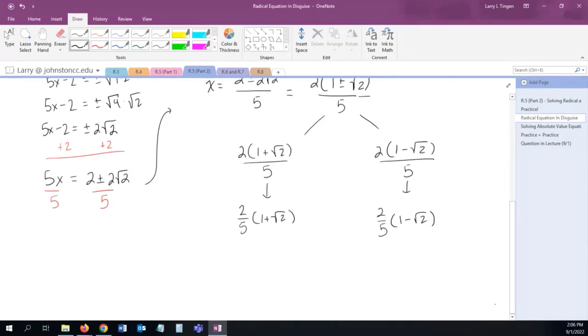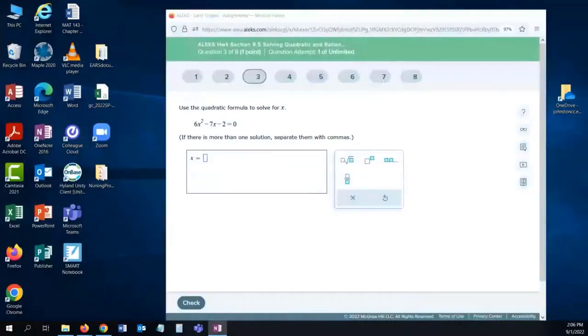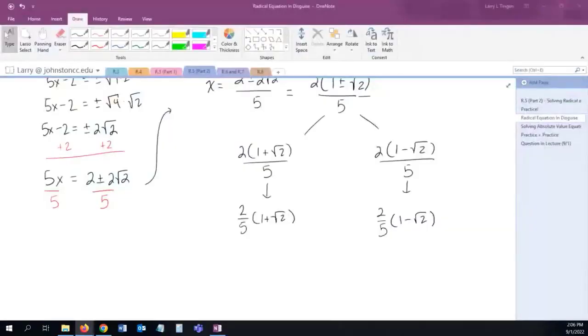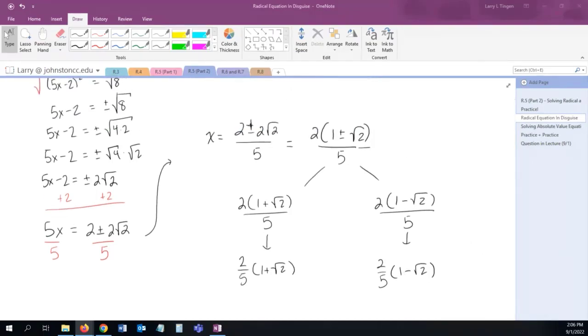So what I recommend is to use a calculator or Desmos to do this check. And the way I'm going to do the check is I'm going to plug in my original equation.